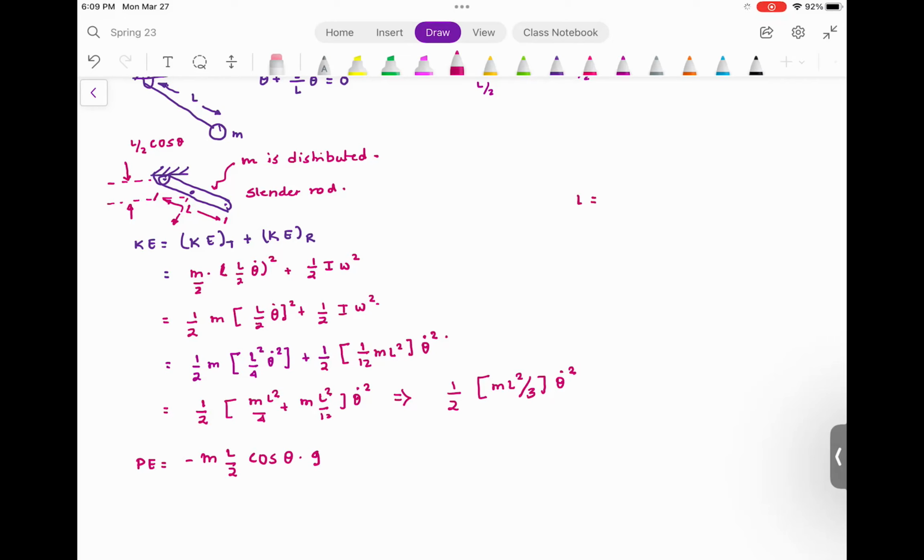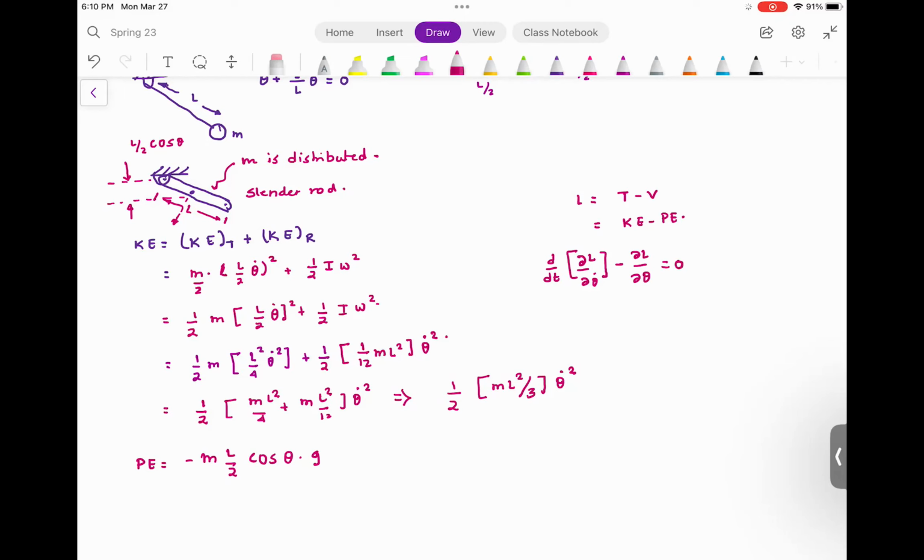L is equal to T minus V, which is kinetic energy minus potential energy, and then you have to use the Lagrangian equation: d by dt of partial L by partial theta dot minus partial L by partial theta is equal to 0.